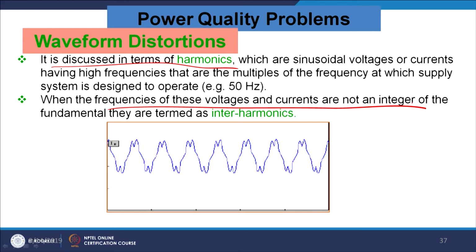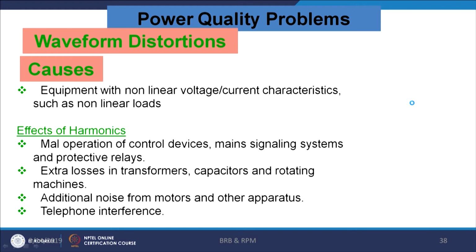The cause, as you know well, is nonlinear voltage and current, and the effects of harmonics are malfunction of control devices, mains signal systems, extra losses in transformers, capacitors and rotating machines, additional noise from the motors, and interference.